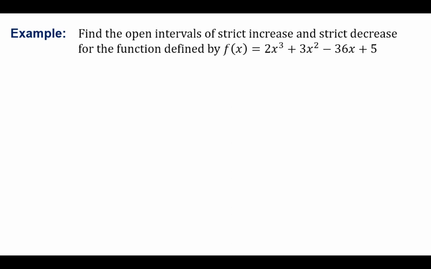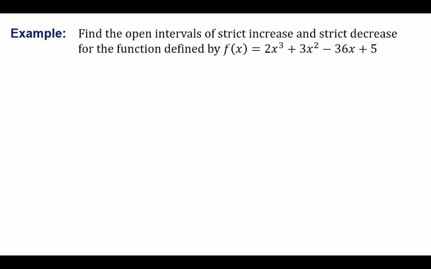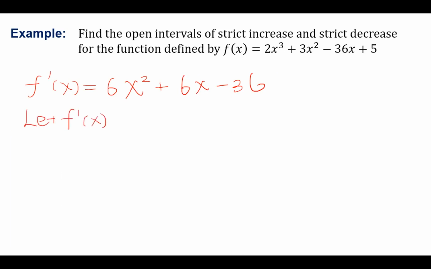Okay, so basically first we can find this first derivative, right? So f prime x, the first derivative of this function, is 6x squared plus 6x minus 36, right? So in order to find this strict increase interval, we need to let f prime x be greater than 0, right?